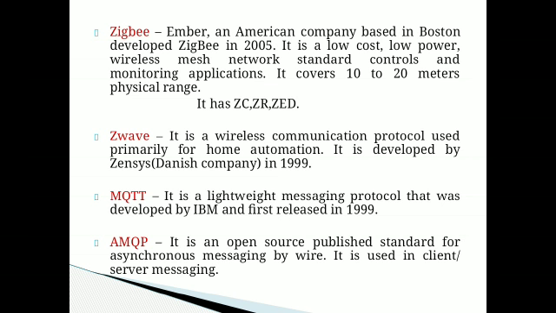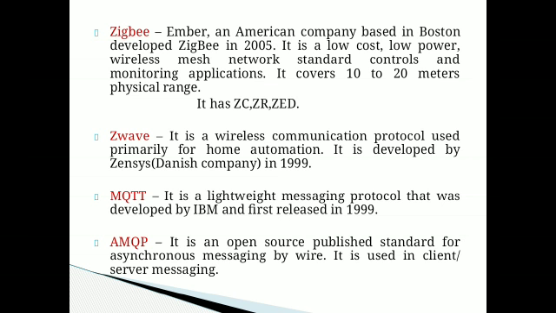It is a lightweight messaging protocol that was first developed by IBM and released in 1999. When we compare to HTTP, Hypertext Transfer Protocol, MQTT is better than HTTP for sending and receiving data.